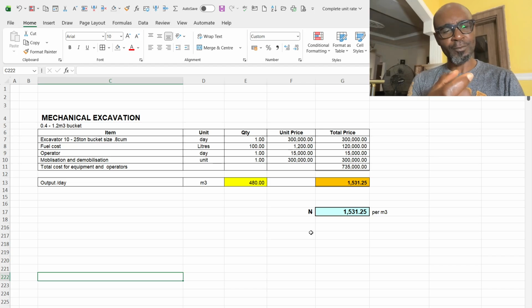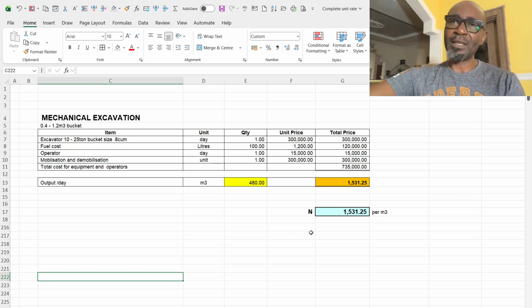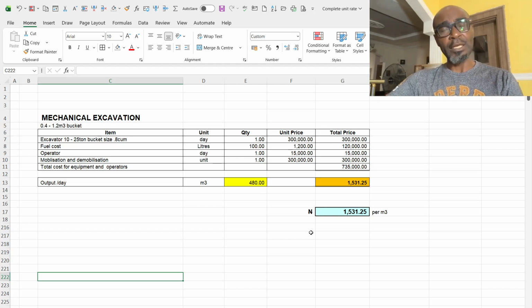That fill factor refers to the volume that the bucket can carry compared to its design output. Say the bucket is designed for a 1.2 capacity, and on site the operator uses it to bring out only 0.8 cubic meter, whereas the bucket can do 1.2. That also can affect the output.